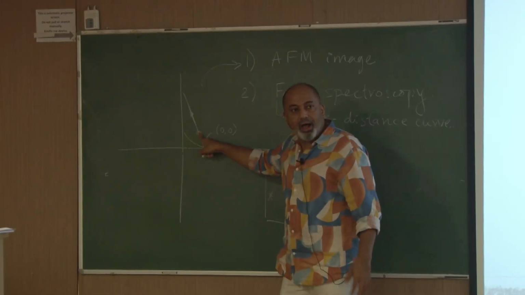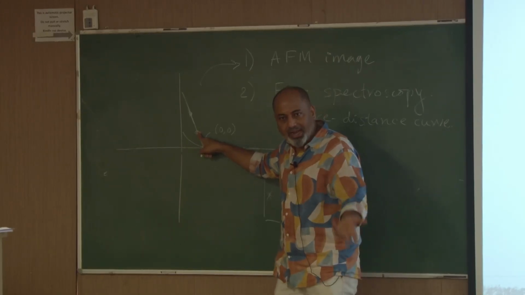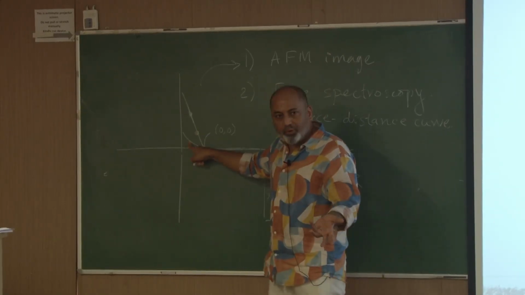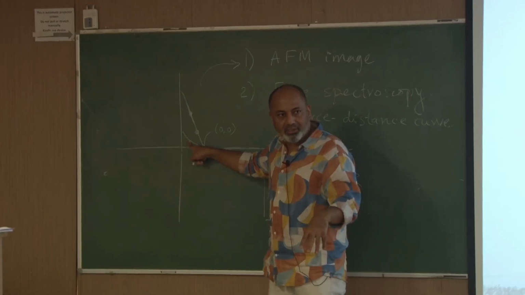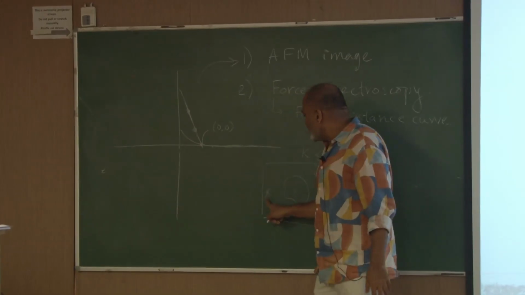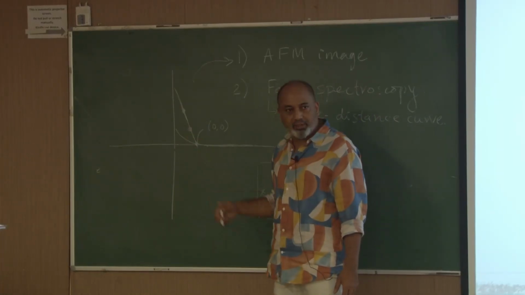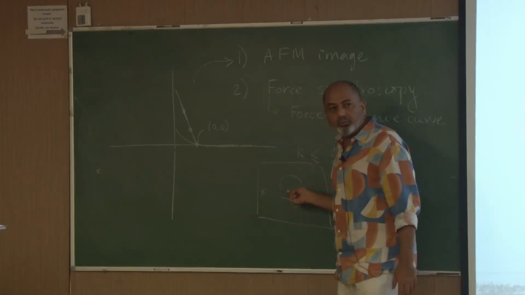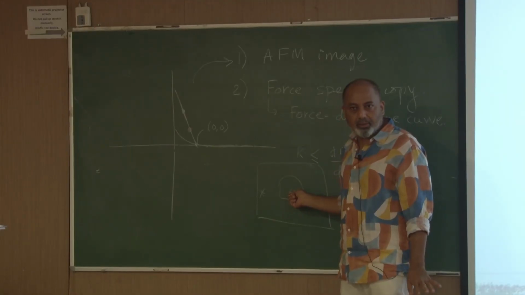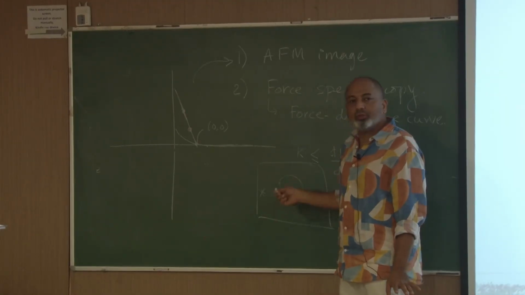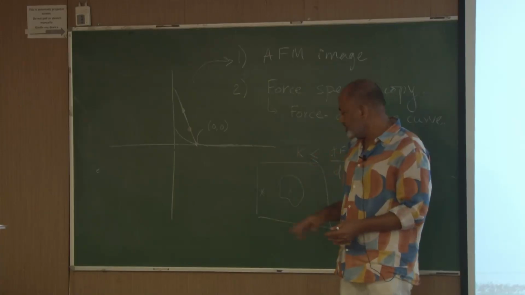This is a hard sample with a higher Young's modulus. This is a soft one like a cell compared to glass. Based on this difference, I can say what the Young's modulus is here. And this is what is used for cell mechanics, we will talk about it more later.